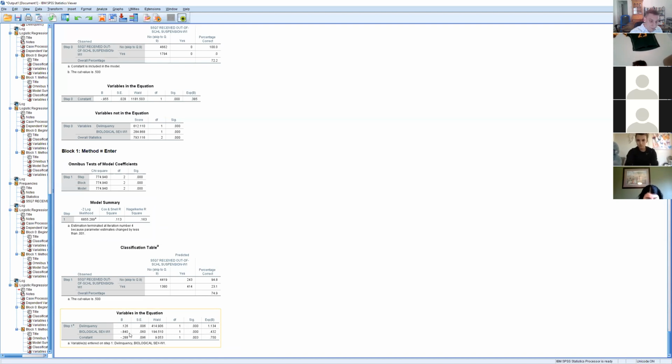And so this is lowering the log odds of suspension. If you exponentiate that, and go 1 minus 0.43, that's the percent that it's dropping the odds.